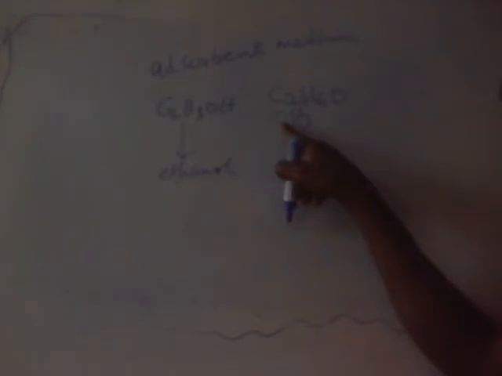This one can be rewritten as CH3, that's one carbon here, oxygen, another CH3. That's carbon, that's 2. Hydrogen 3 and 3, that's 6. Oxygen 1. So we can call this one dimethyl ether.